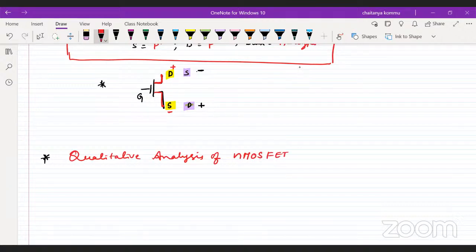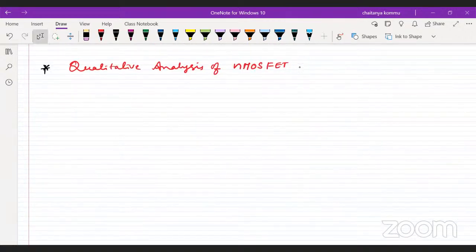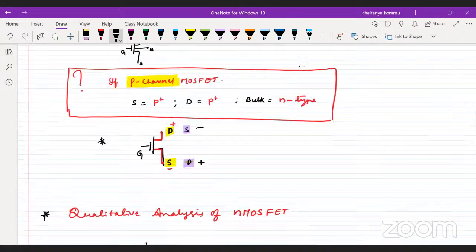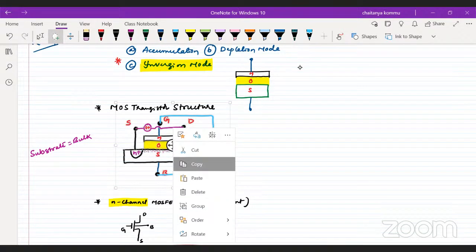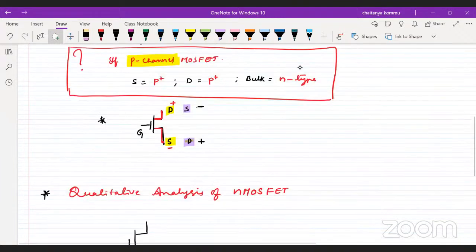What do you mean by a qualitative analysis of a MOSFET? Let us consider a MOSFET something like this. By the way, I would like to take this diagram once again.